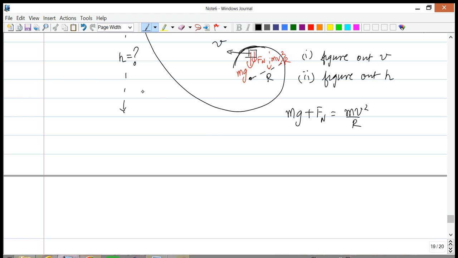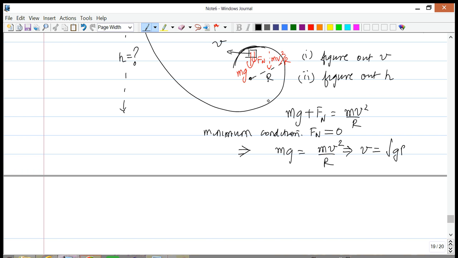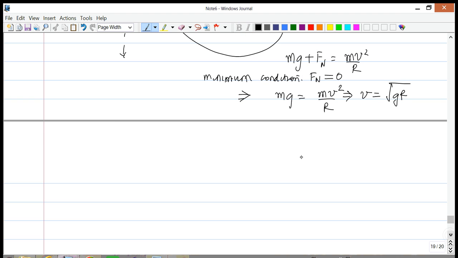Now my minimum condition, as you've guessed correctly, is that Fn be equal to 0, which means that mg equals mv squared over r, and this says that v is equal to the square root of g times r.